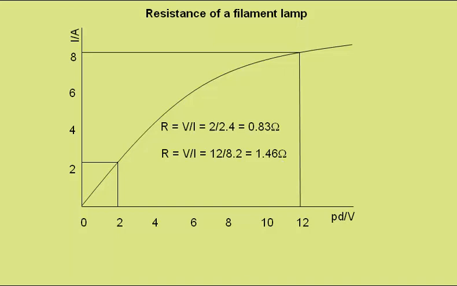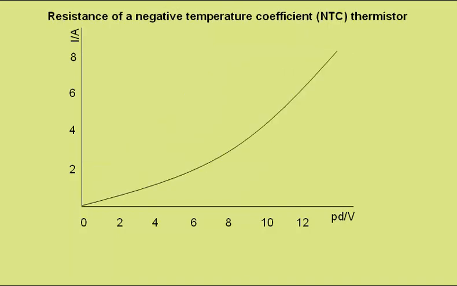A negative temperature coefficient thermistor gives a graph of current against potential difference, something like this. Again, finding the values of potential difference and current at 2 volts, we get that the resistance is equal to potential difference divided by current, in this case 2 divided by 0.5, 4 ohms.